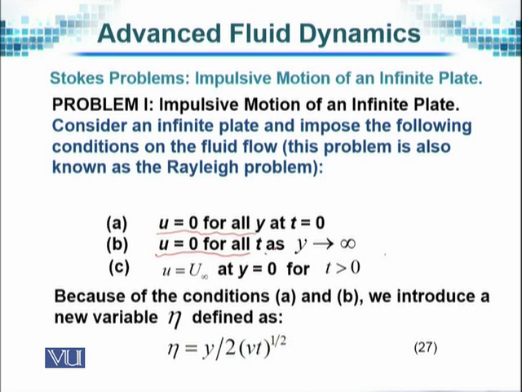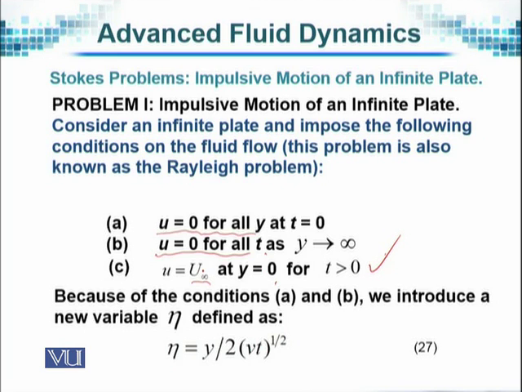And then we set u equal to some constant velocity, capital U infinity, at y equal to 0 for all time t greater than 0. So when y is 0, the value of u is set as capital U infinity.